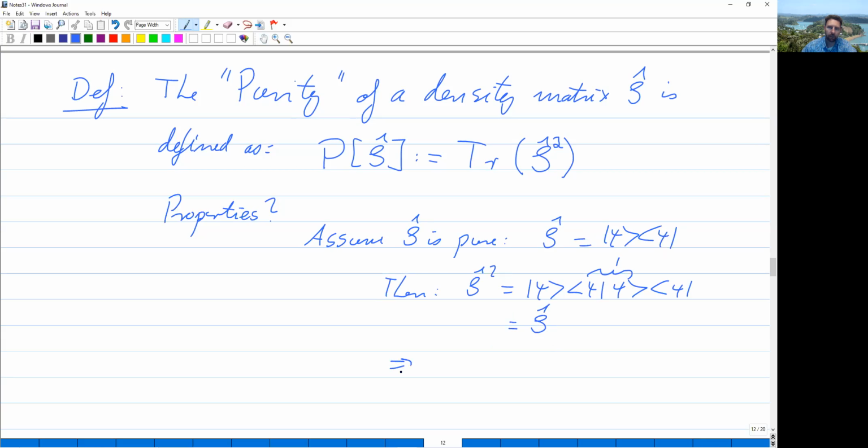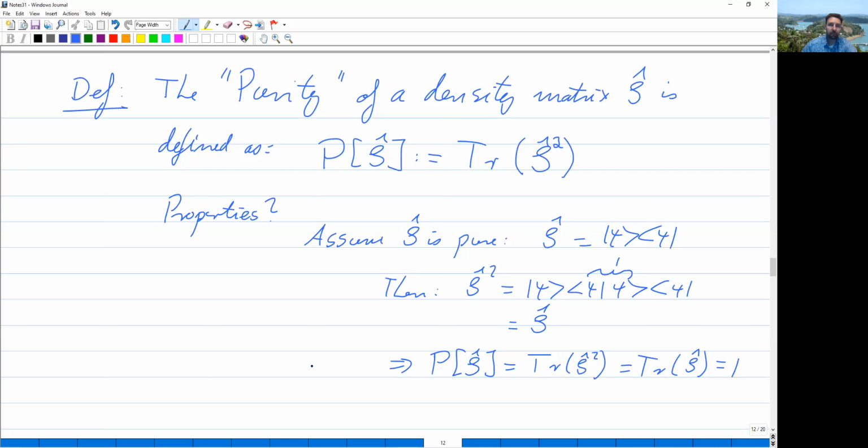So therefore, when rho hat is pure, the purity of rho hat is equal to the trace of rho hat squared, which is then the trace of rho hat, which we know is 1. So if a state is pure, then the trace of the square of the density matrix is 1. So the purity measure has the value 1.